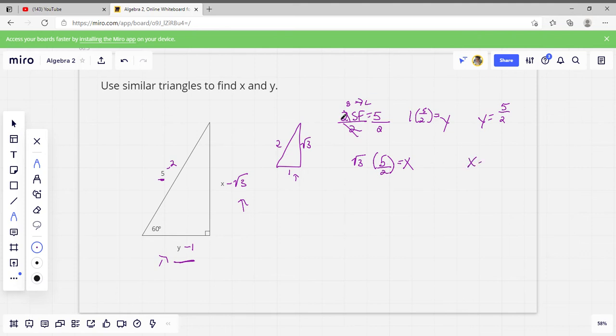X equals 5 times the square root of 3 over 2. We just basically put those together. Square root of 3 times that would be 5 times square root of 3 over 2. So that's how you find those. Just come up with your scale factor.